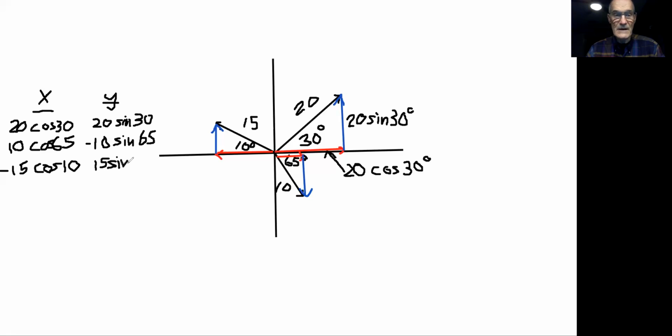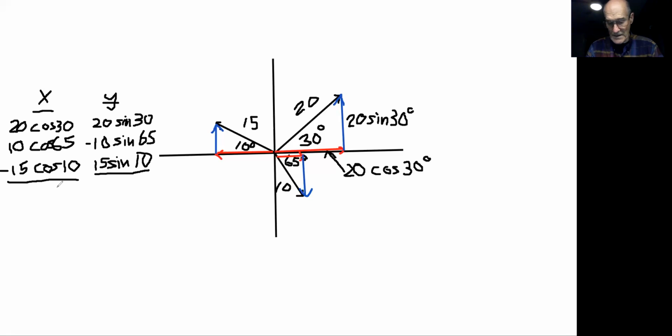Okay, now once I get all this done, I put these in my calculator and I get an answer. When you use your calculator, make sure you check your mode and that you're in degree mode, which I am.